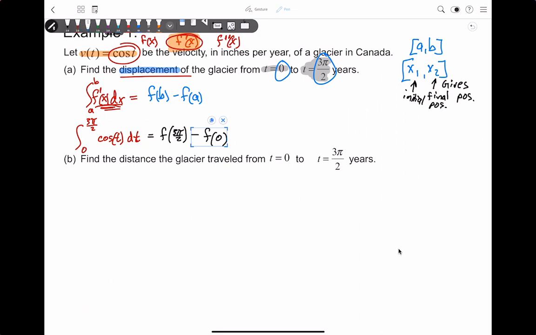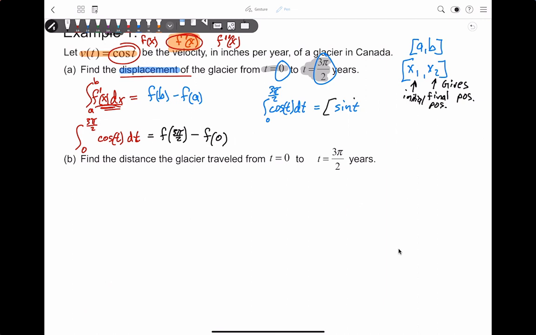So let's look at what is the integral of cosine. Well, the integral of cosine, I know it's been a while, is a positive sine. So this is going to be the sine of t, and it is from 0 to 3 pi over 2.